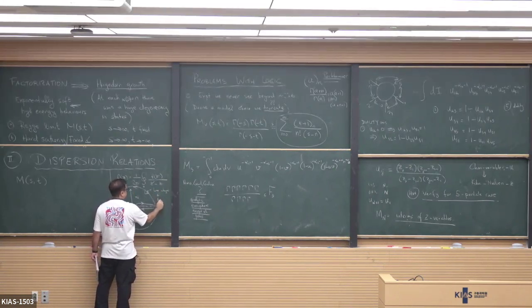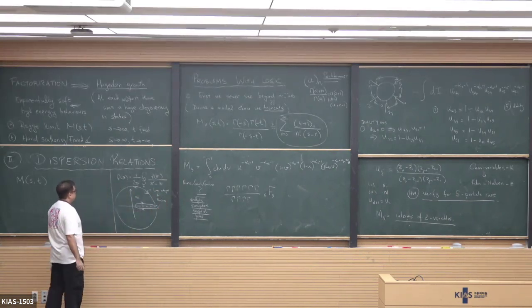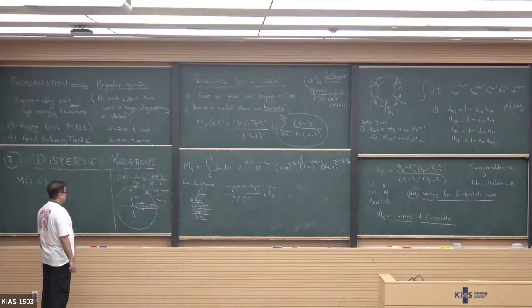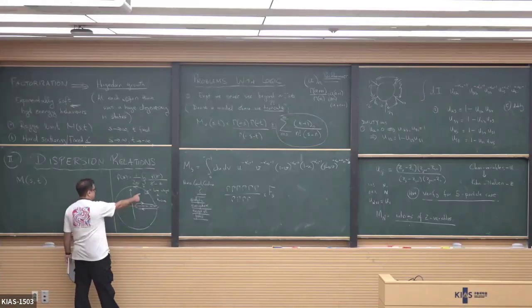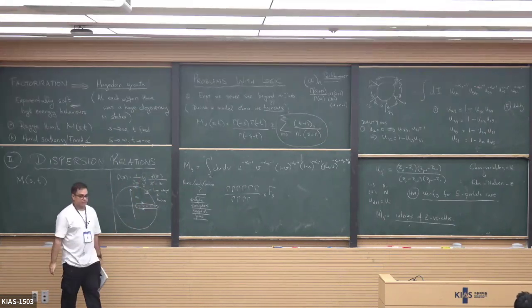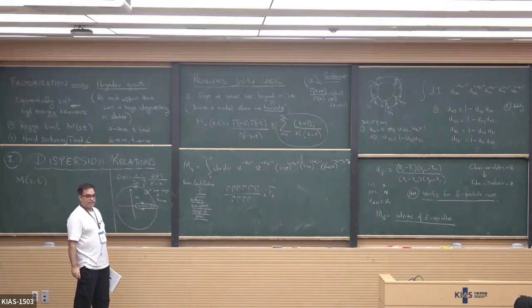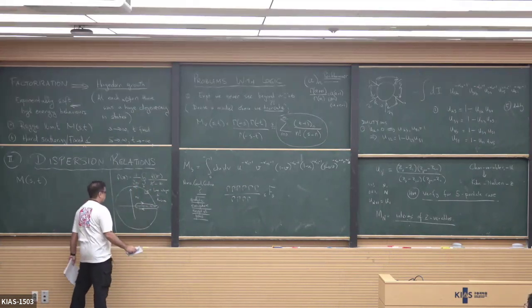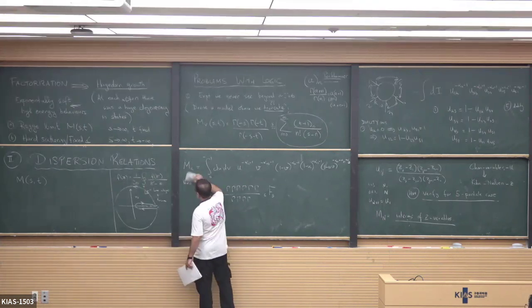If your function has good behavior such that your arc at infinity goes to 0, then you basically get a formula for this function. You can recreate this function by just knowing the discontinuity across the poles or the cuts. Is that clear? Let's work out a trivial example.